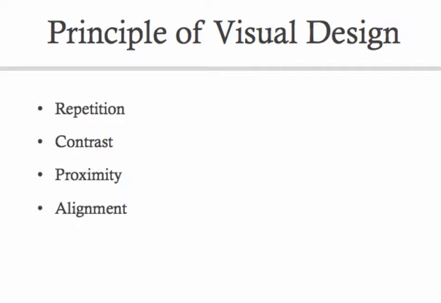And the last principle of visual design is alignment. You can align things on the same side, or put things together and align them together, and it helps the user focus and know where they are on the web page. So let's look at a web page to see these different principles.